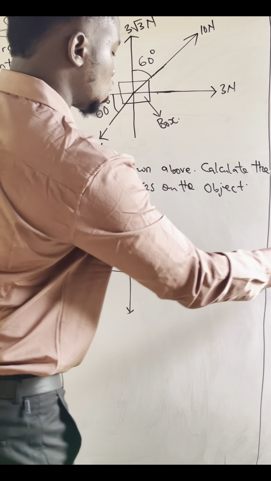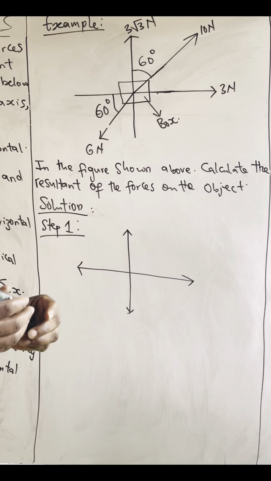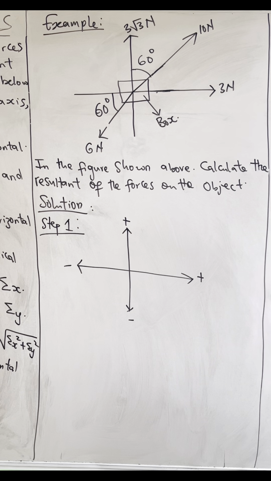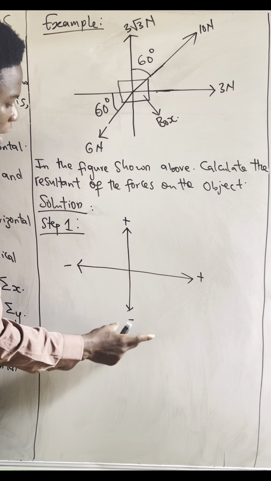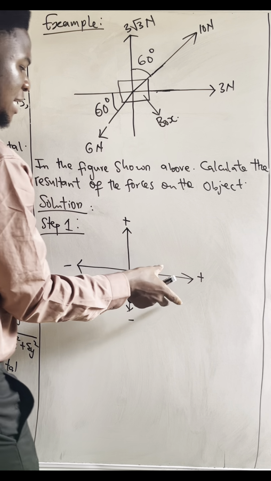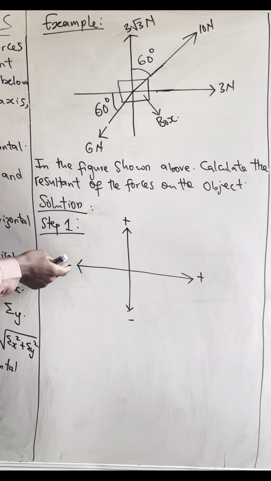The horizontal direction represents the x-axis. The vertical direction represents the y-axis. So the upward direction will be the positive y-axis. The downward will be the negative y-axis. The right direction will be the positive x-axis. The left direction will be the negative x-axis.